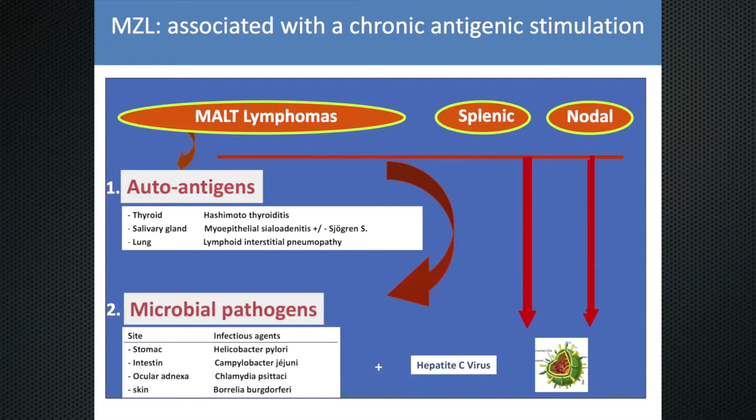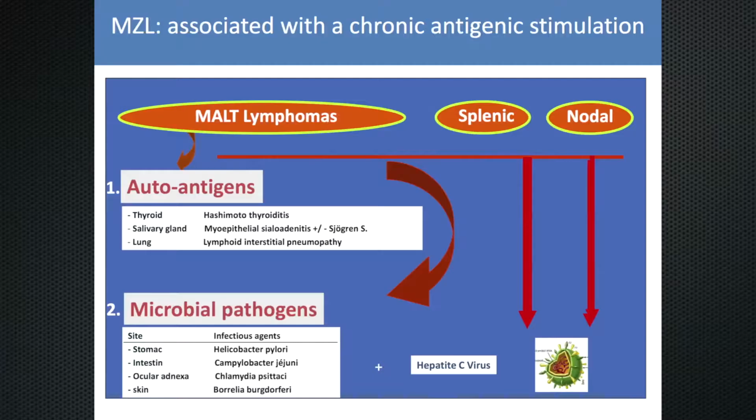Now, the third most frequent subtype is marginal zone lymphoma, a very fascinating disease encompassing 3 subtypes. We have demonstrated already a few years ago in the lab that they have different cell of origin, different chromosomal abnormalities and genetic abnormalities. The most frequent one is the so-called mucosa-associated lymphoid tissue lymphoma.